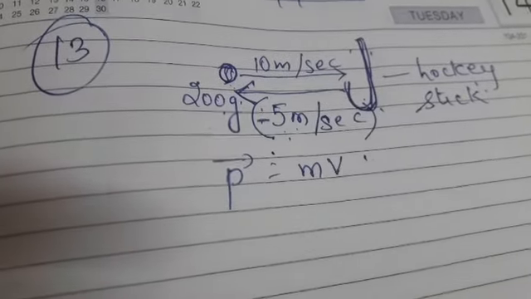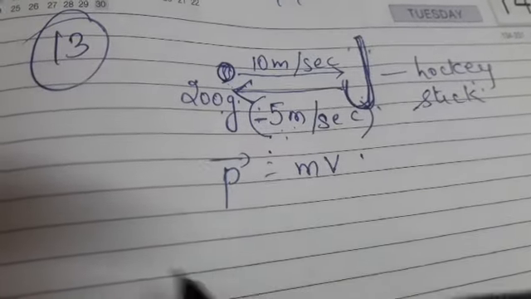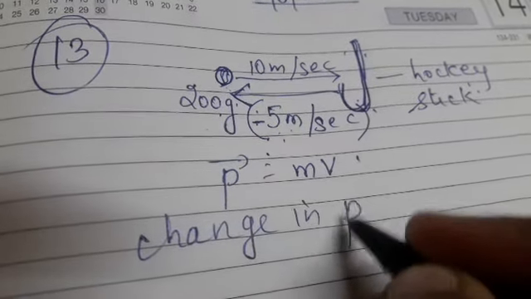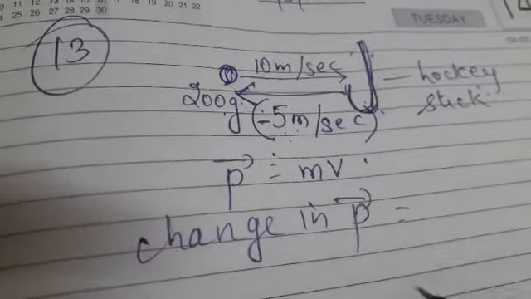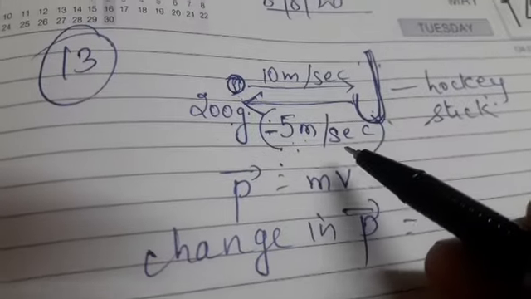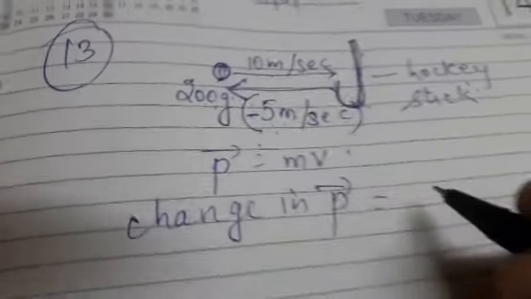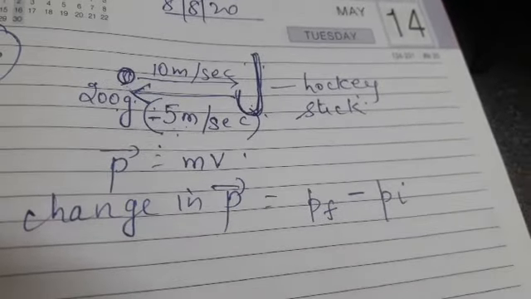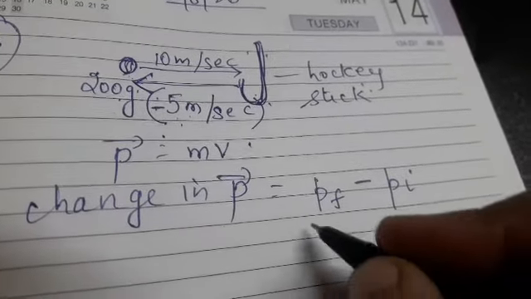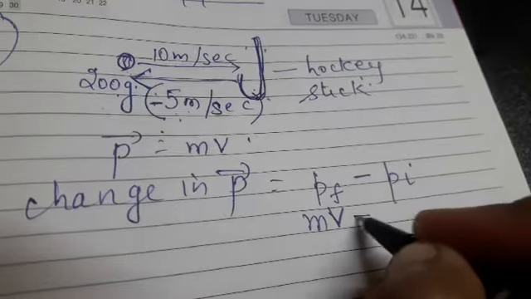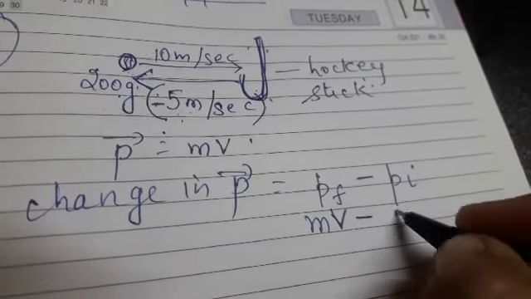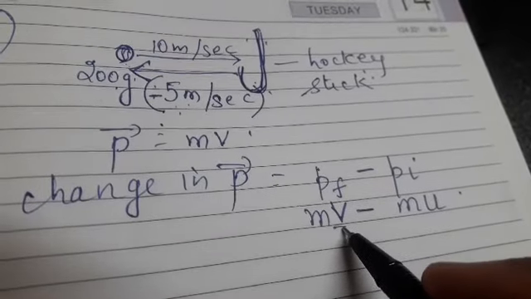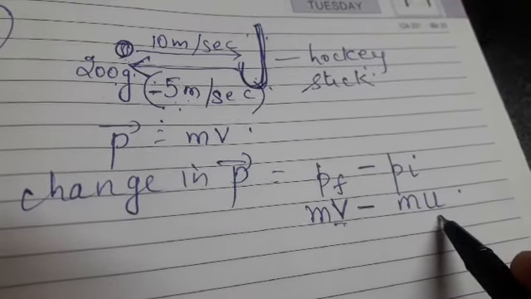Okay, now the change in momentum formula is equal to final momentum minus initial momentum, that is Pf minus Pi. So therefore it will be mv minus mu. You know, v will be the final velocity and u will be the initial velocity.